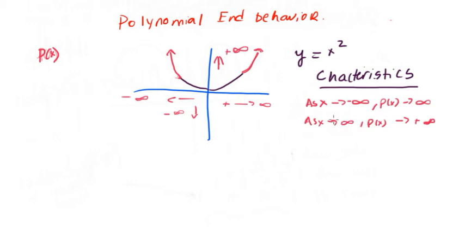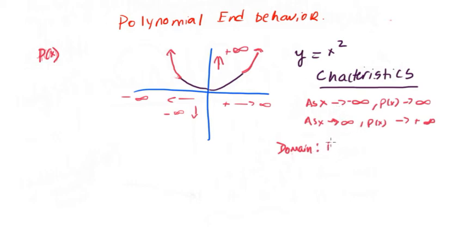Okay, now let's look at a couple of things here. Let's see what our domain would actually be. We know that this is a parabola, and parabolas have a domain of all real numbers.